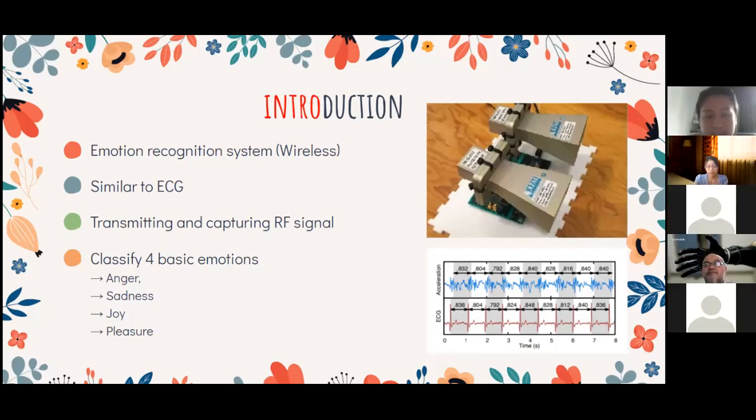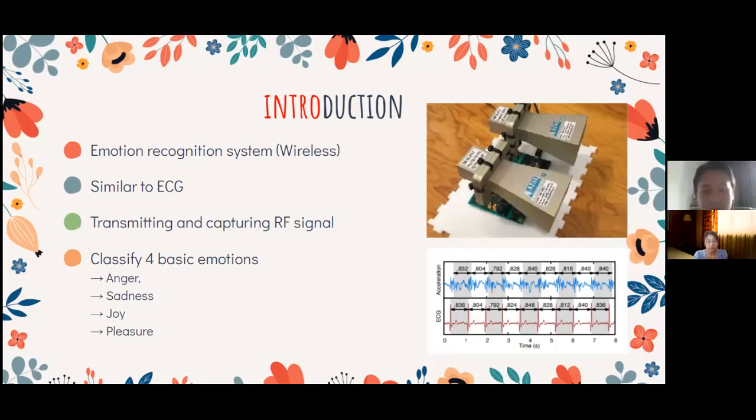It then analyzes these reflections to infer the person's emotional state. It classifies a person's emotional state according to the known arousal-valence model into one of four basic emotions, which are anger, sadness, joy, and pleasure.